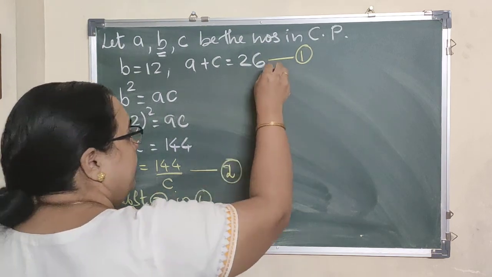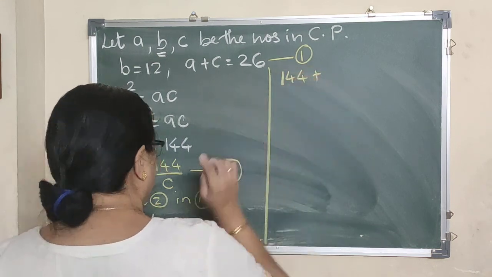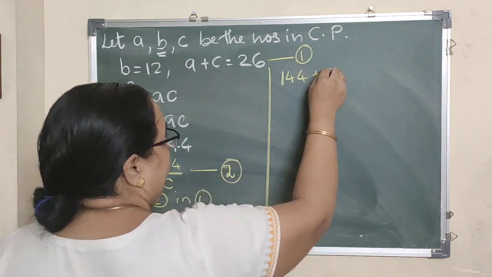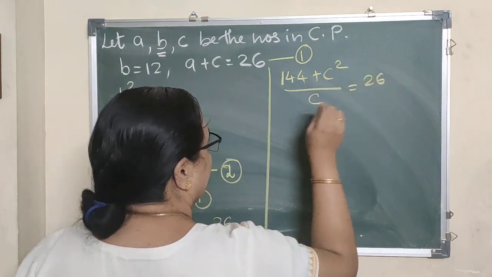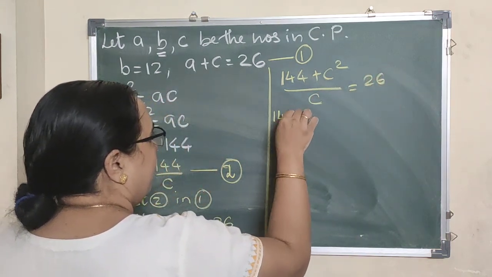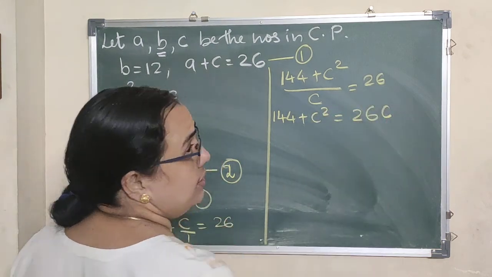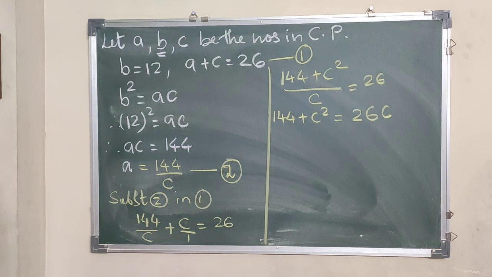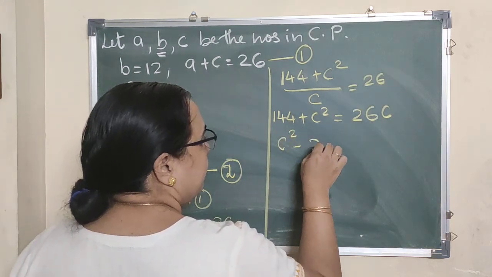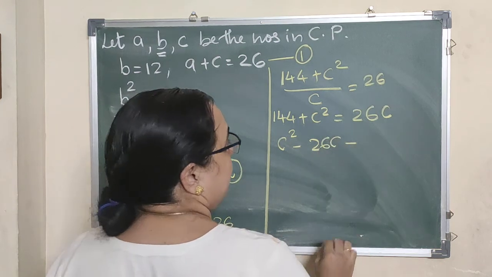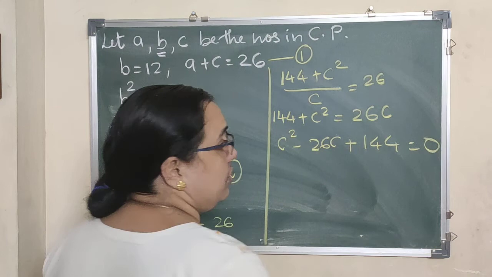On equalizing, you get 144 plus C squared upon C equals 26, which is nothing but 144 plus C square equal to 26C. So therefore, I can write this as C square minus 26C plus 144 is equal to 0.